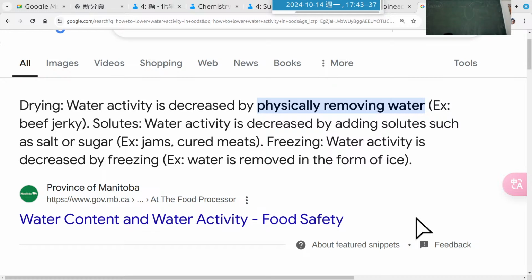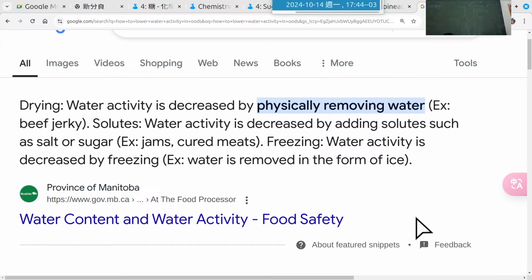Thousands of years ago, humans already knew how to preserve food. From their life experiences, they knew how to preserve food. They didn't know the scientific background. They didn't know the principles.